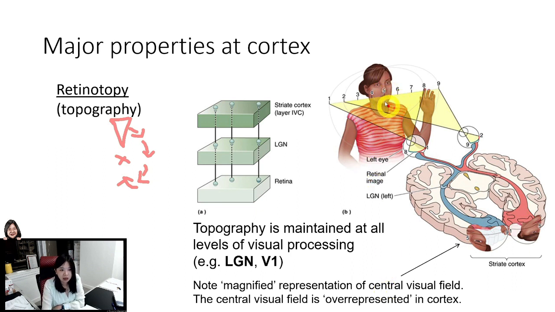So basically, if I'm fixating at 5, then it will be this 5 location that has the most cortex dedicated to it. And functionally, this is also why, when I want to see something clearly and in more detail, I need to gaze at it. I need to foveate it.